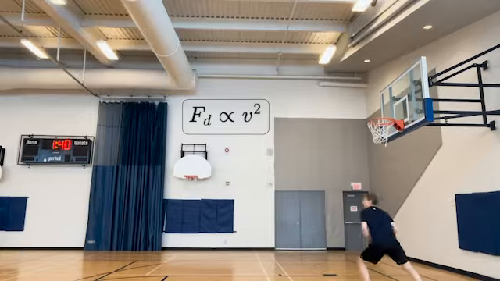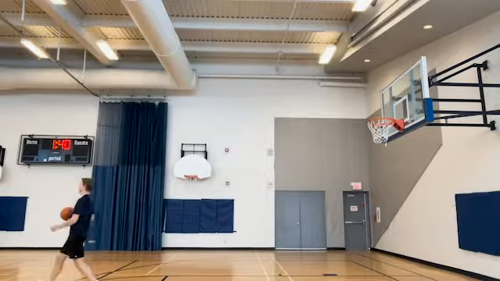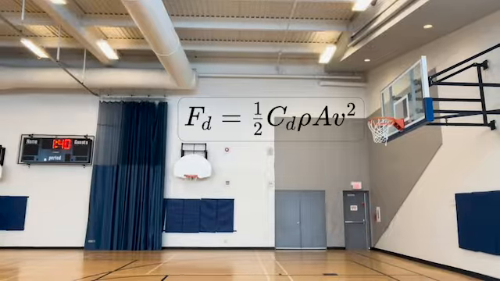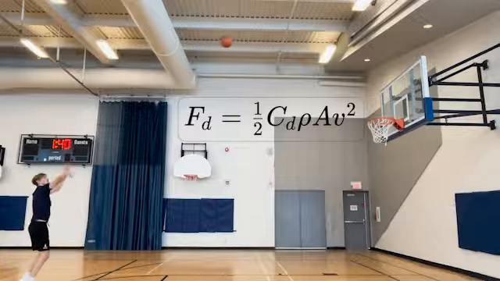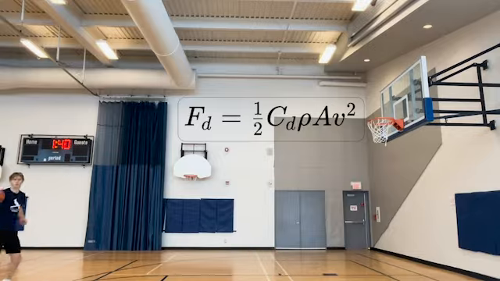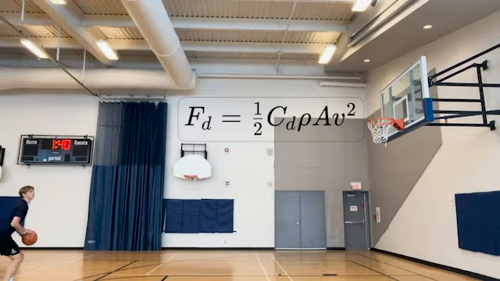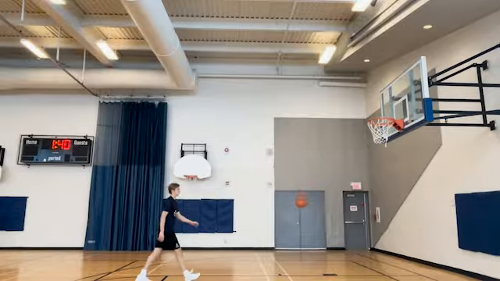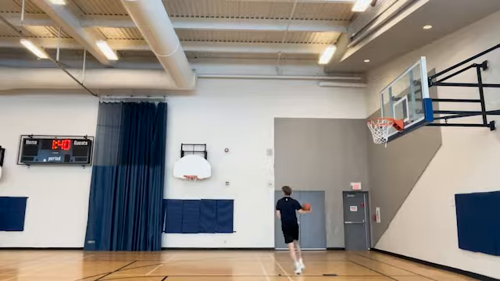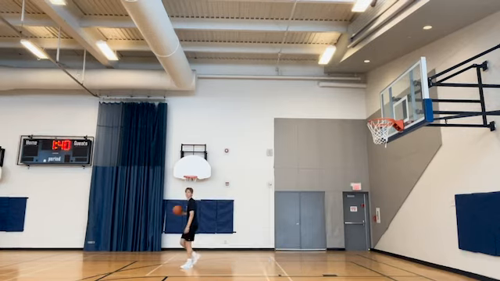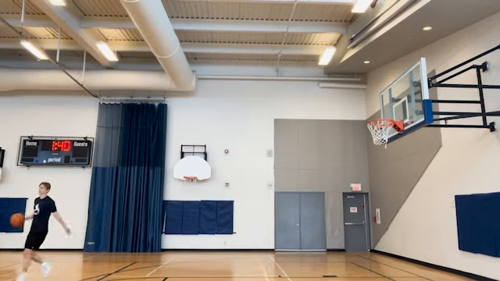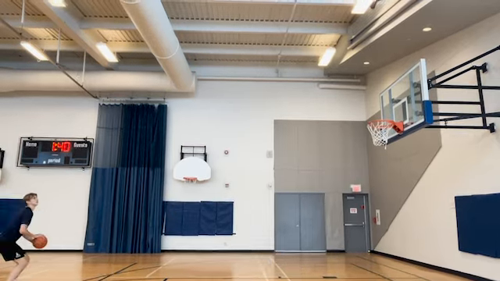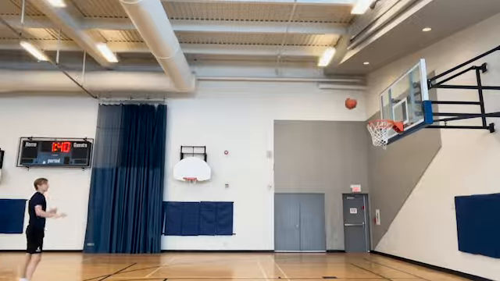Roughly, force of drag is directly proportional to velocity squared and follows F_drag equals half the coefficient of drag times the density of the fluid it's in times the area times velocity squared, with the coefficient of drag being around 0.5 for a sphere. At around 8 meters a second, a basketball's drag might only be a few newtons, but it does slightly shorten the flow.